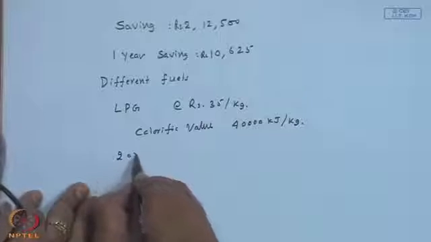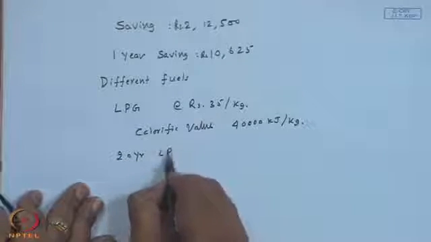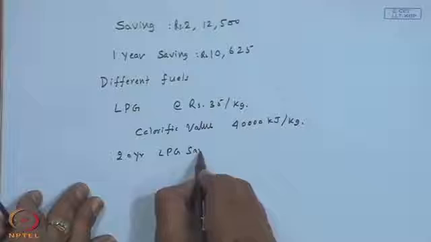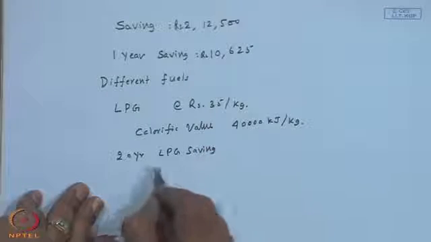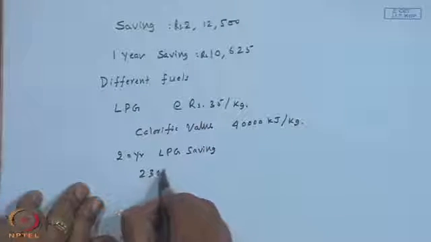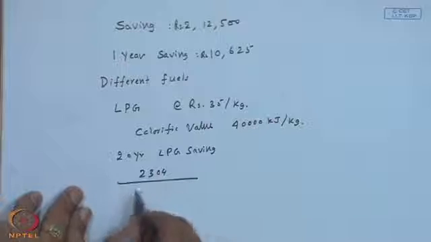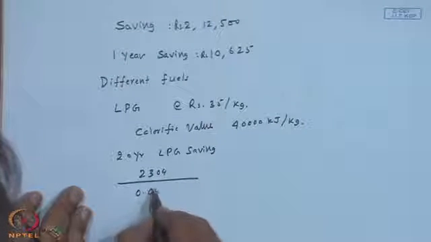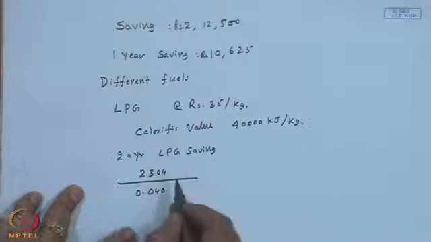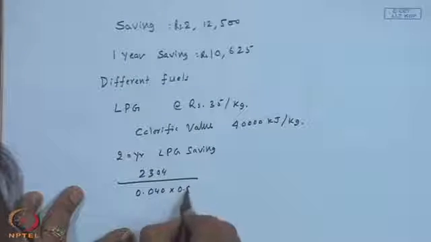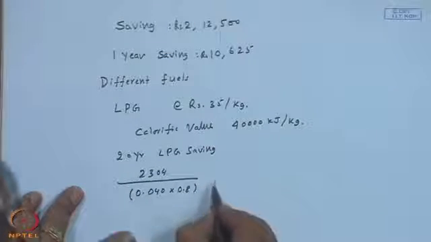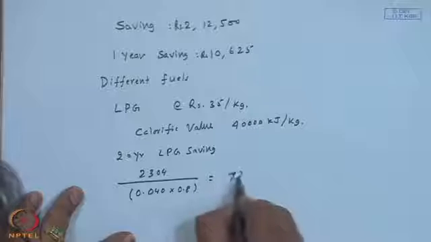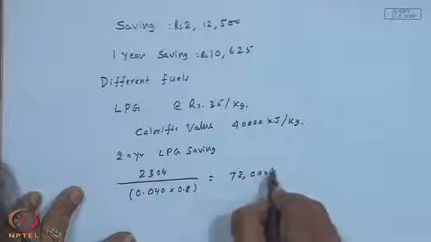So, the 20-year LPG saving will be 2304 by 0.040 gigajoules times 0.8, assuming the same efficiency, coming to 72,000 kg.